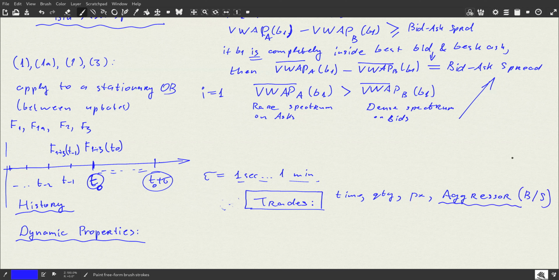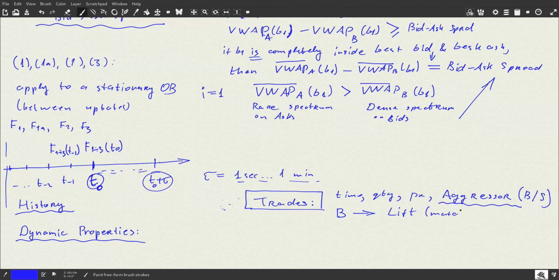If the aggressor is the buyer, then trades occur as a result of matching of this aggressive order on the ask side. So if the aggressor is the buyer, then the trade is a lift, all right? Because the buyer aggressively lifts the ask side and matches with the ask side.